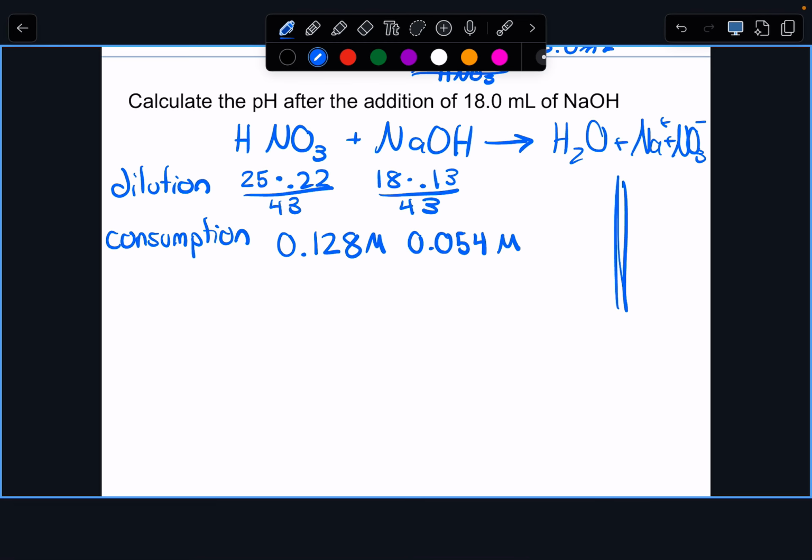Okay, double check your molarities in that dilution step so that you know you're starting with the right thing.